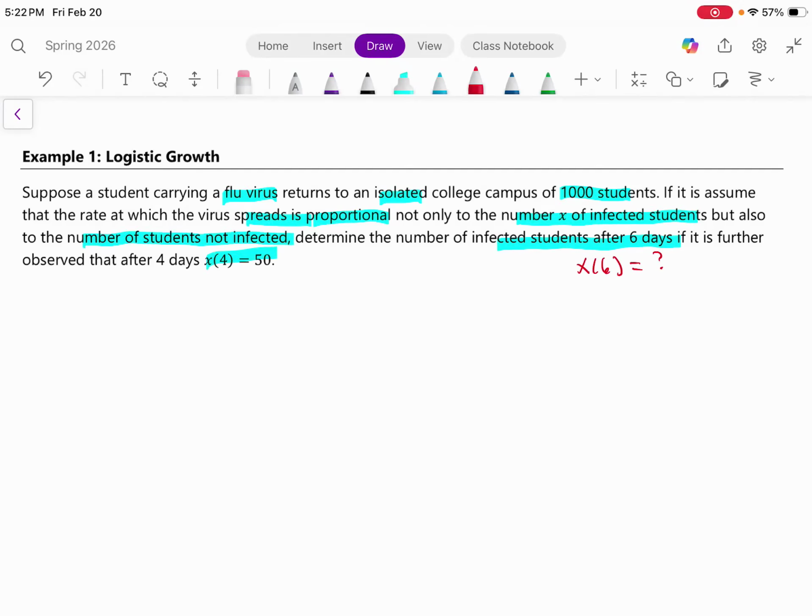This situation of spreading of a virus or disease, we've actually seen before in section 1.3. We've developed a mathematical model for spread of disease.